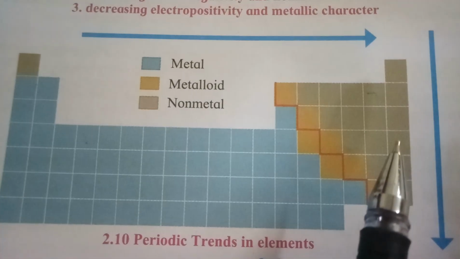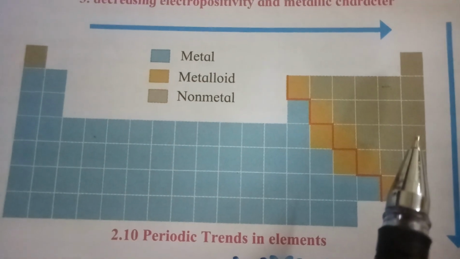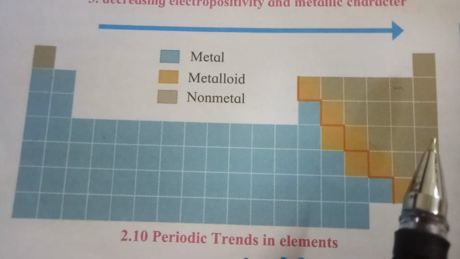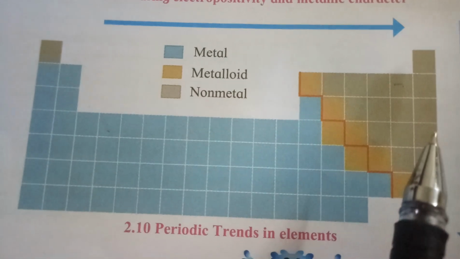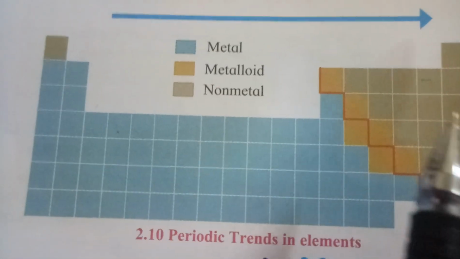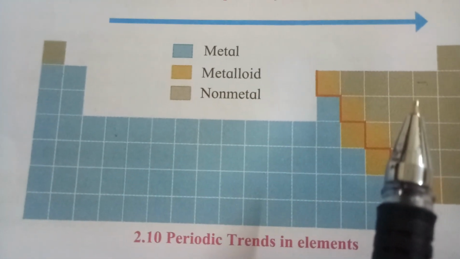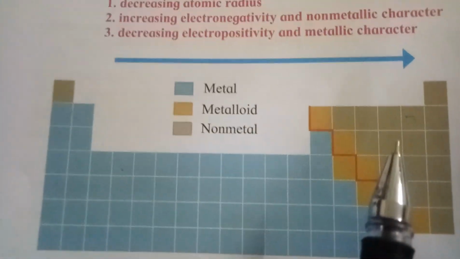Electrons in the inner shell lie in between the valency shell and the nucleus.